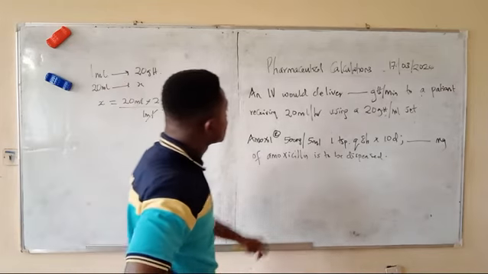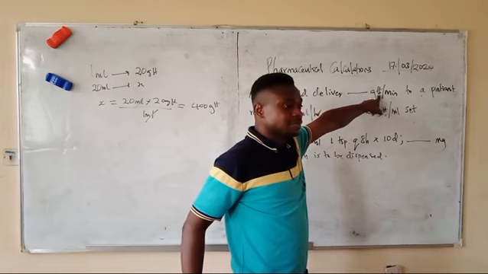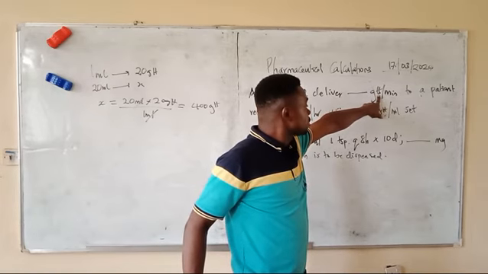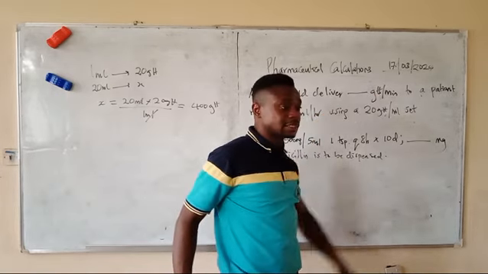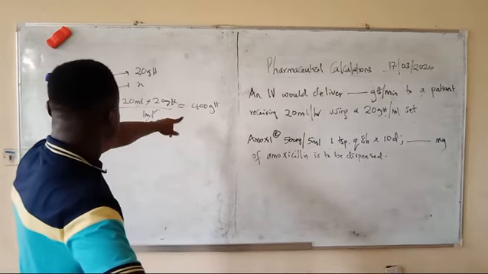The question says an IV will deliver dash drops per minute.